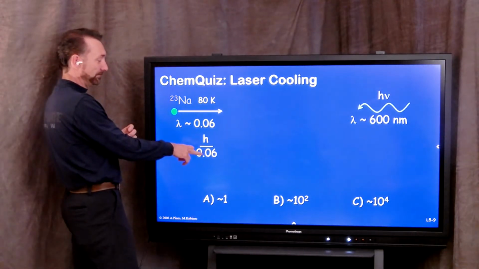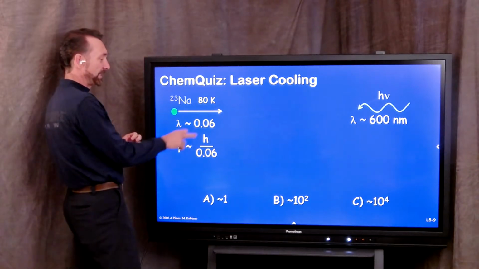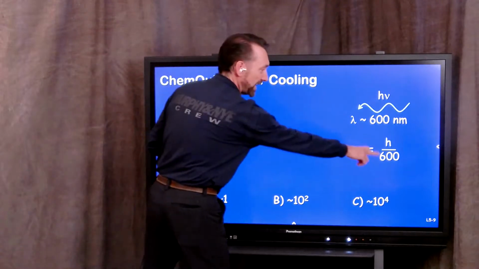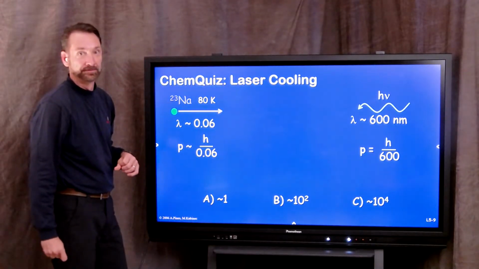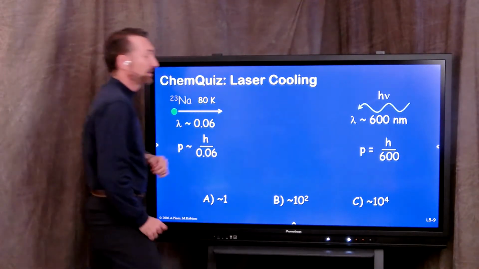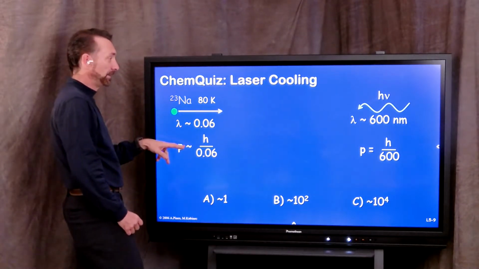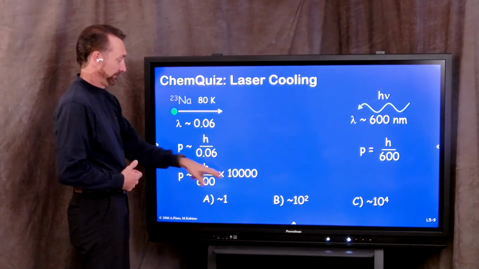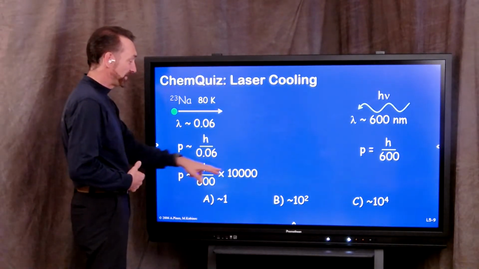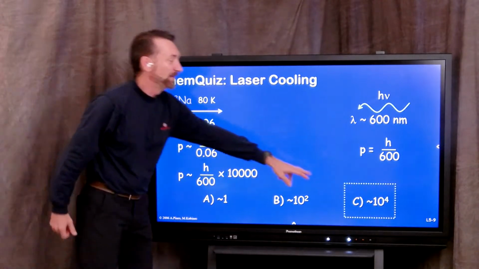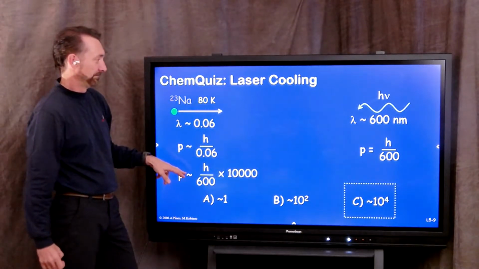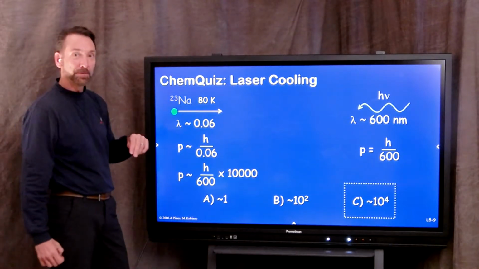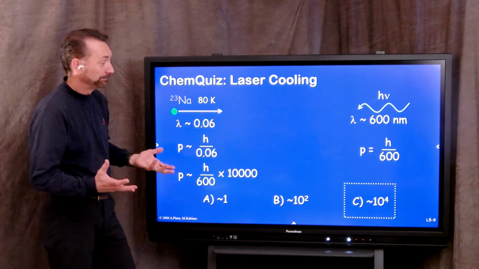So the momentum of this particle is h over its wavelength. Same for this, h over its wavelength. These have much, much smaller momentum, but if I could take 10,000 of them, then these two momenta would be equal. So we have 10,000 of those guys striking the sodium atom, and that would stop it.